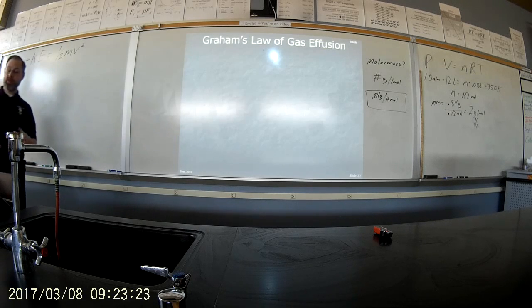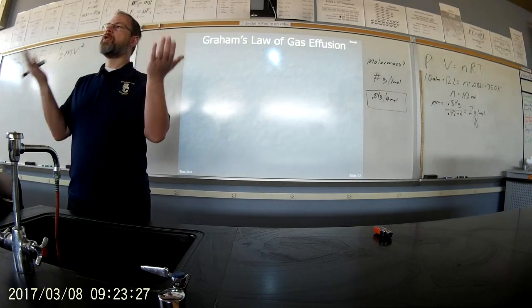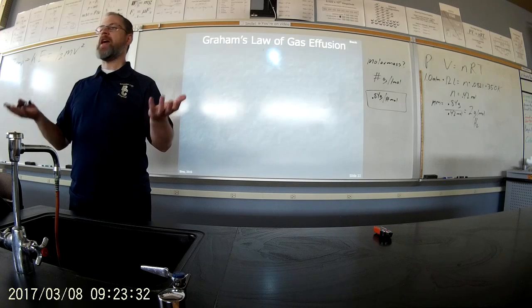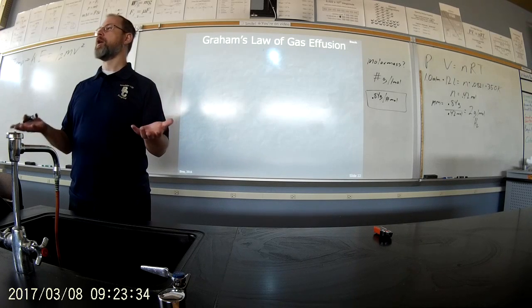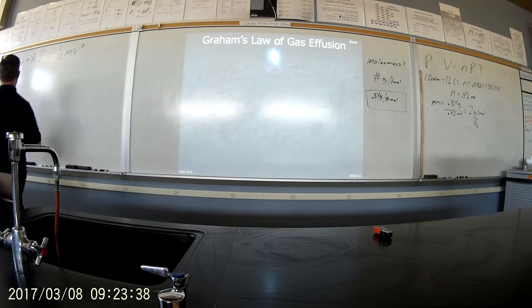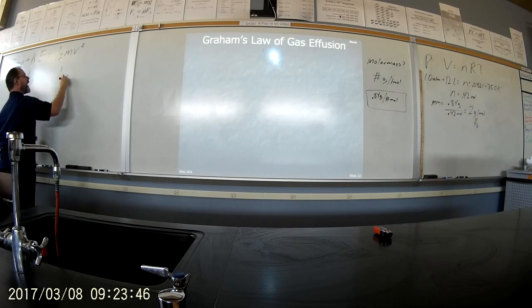Now I said last time we were talking about this, that if you have two samples of gas at the same temperature, they have the same 1/2 mv squared. And the example I used was you have argon at 40 grams per mole, and you have nitrogen at 28 grams per mole.